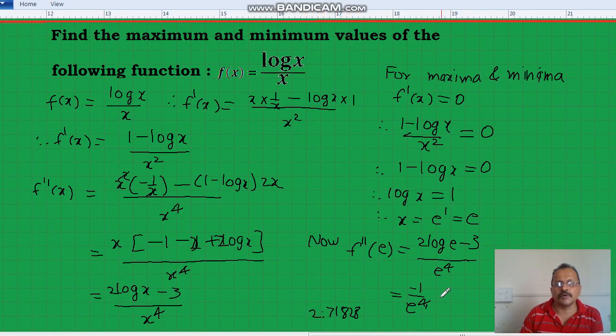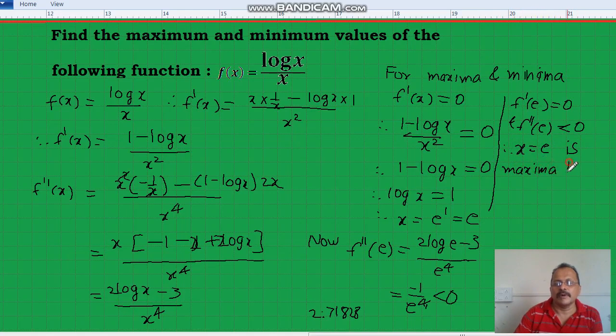So its fourth power is certainly positive and this number is negative, and therefore we can say that f'(e) is equal to 0 and f''(e) is negative, and therefore x equal to e is maxima by the second derivative test.